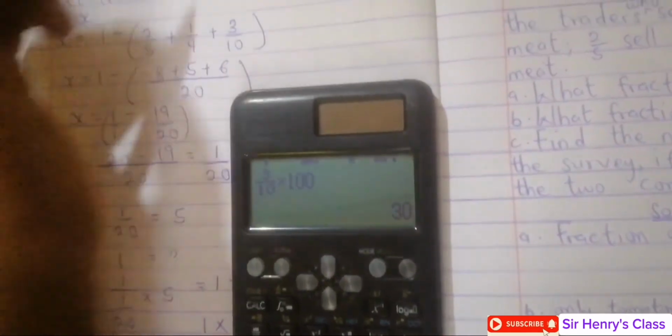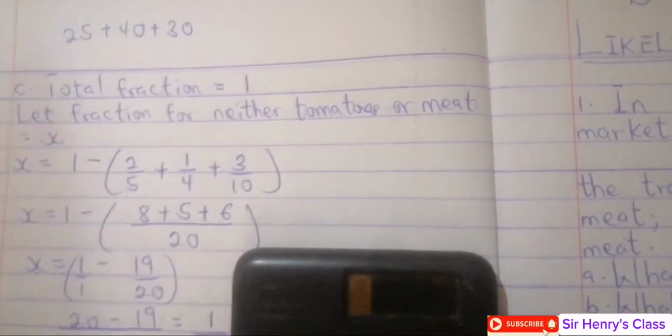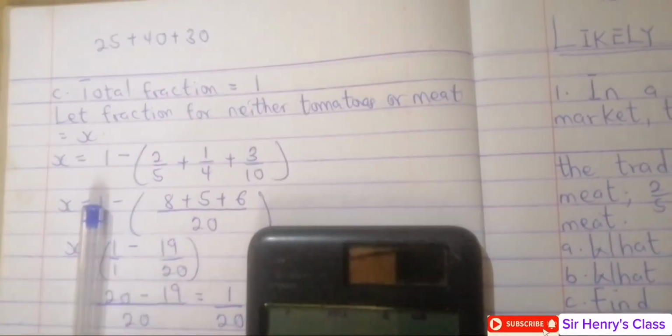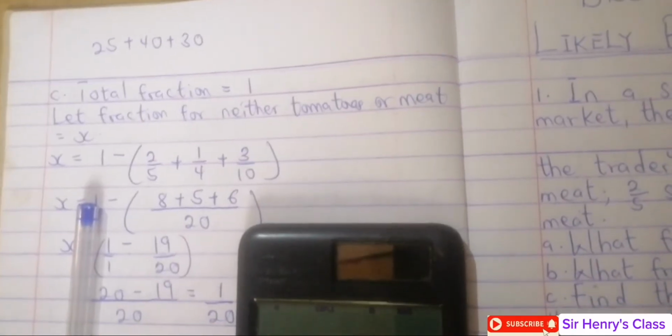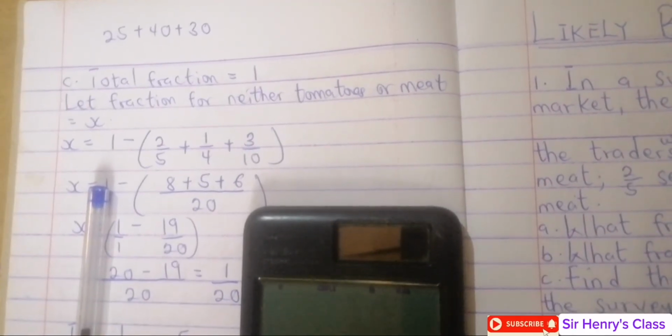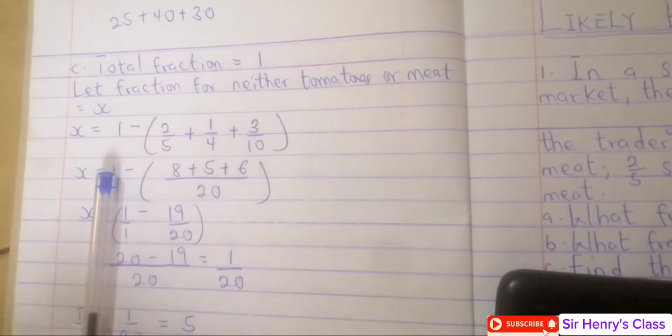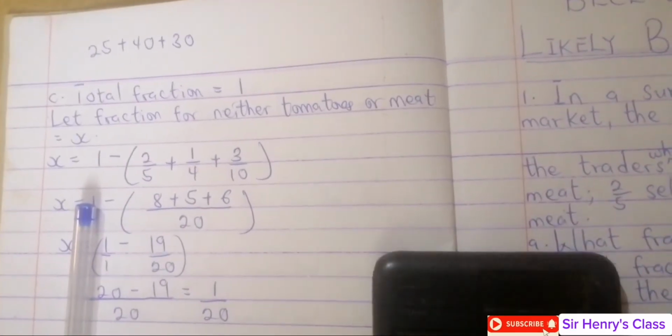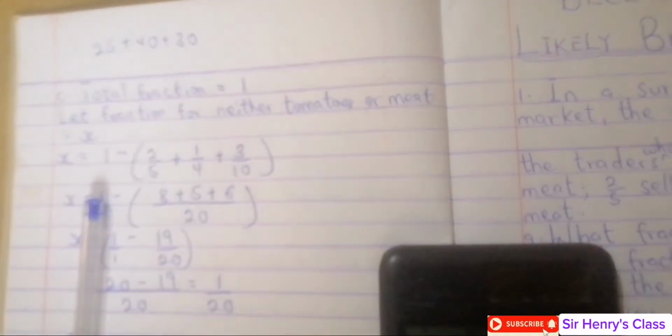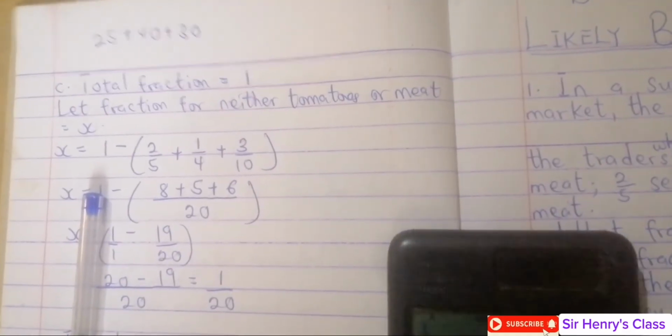That is 30. And we said the number for those who sell neither is 5, representing the fraction 1 over 20.